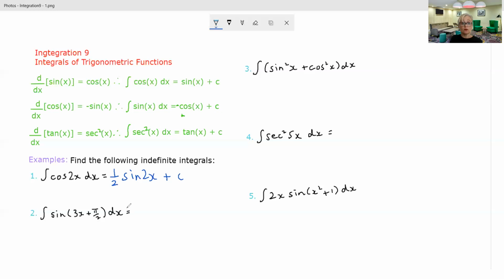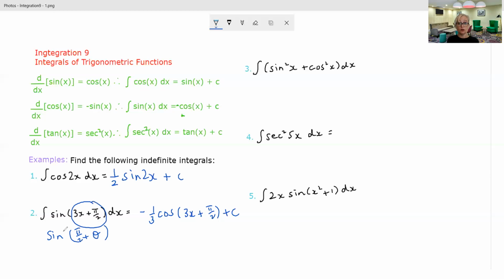There are two ways we can look at our second question. We could say, okay, well, it's negative a third cos of this. The reason we need our third is because of our 3x. But a better way to look at it would be this. Notice that this is a pi on 2 plus theta situation.